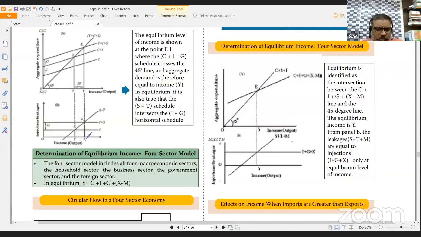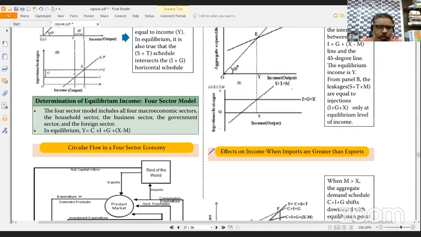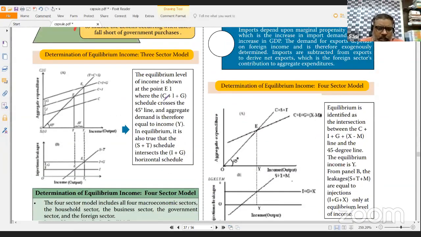In this three-sector model, equilibrium will be there where C plus I plus G is crossing the total of income, that is C plus S. So comparatively, if we see from the earlier equilibrium, now the equilibrium has moved upwards. In other words, that is a clear indication that with the infusion of government expenditure, the overall national income of any country will grow. So government expenditure also adds to the national income in a three-sector economy or three-sector model.